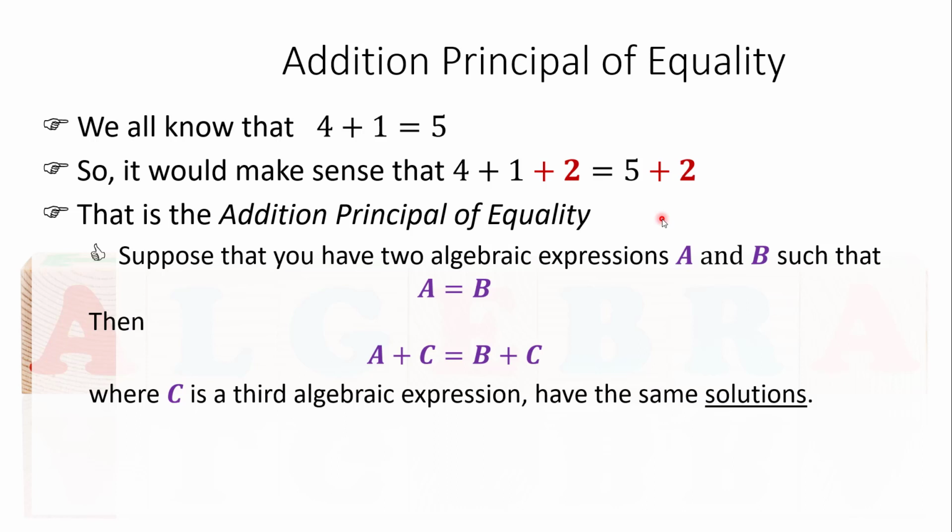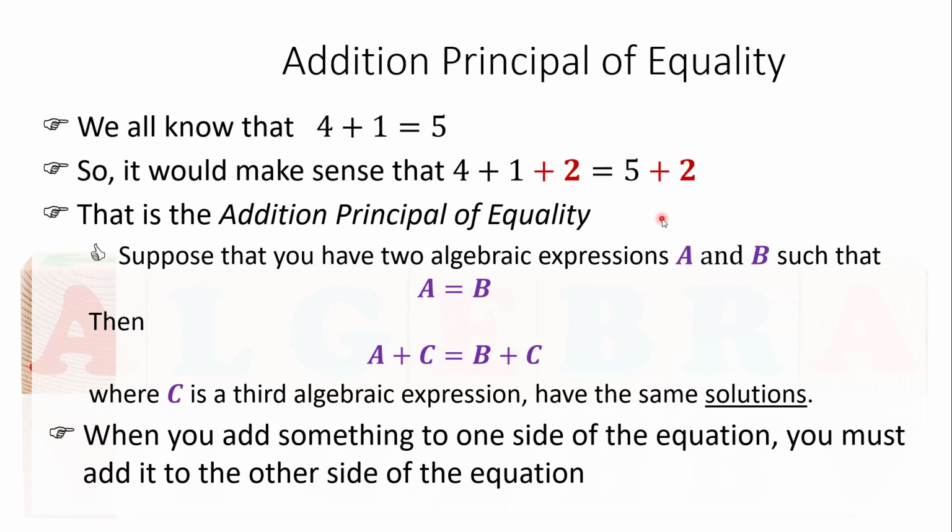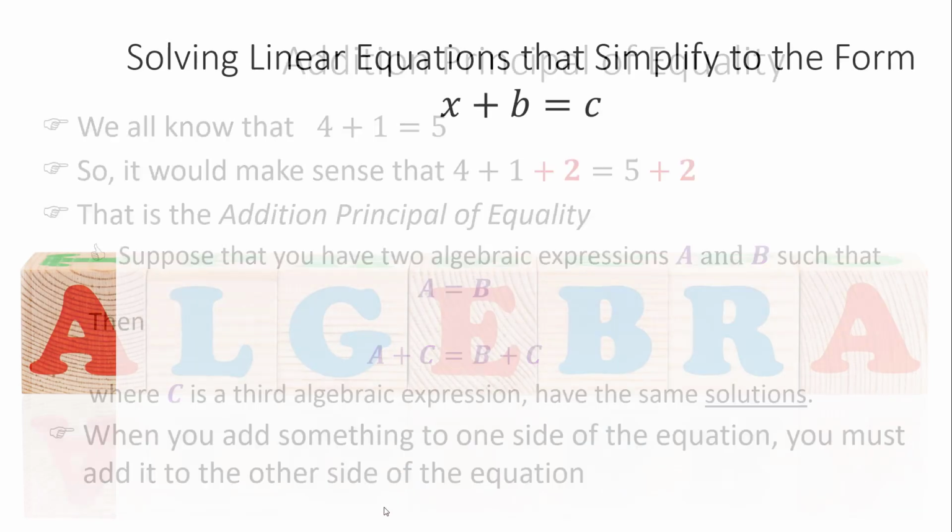There is still an equality. And we are going to use this to actually solve problems. But just keep in mind, let me just point this out one more time. Whatever you do to one side of the equation, you've got to do to the other side of the equation. That's how the addition principle works. Actually, I guess that's also how the multiplicative principle works, which we'll talk about in the next video.